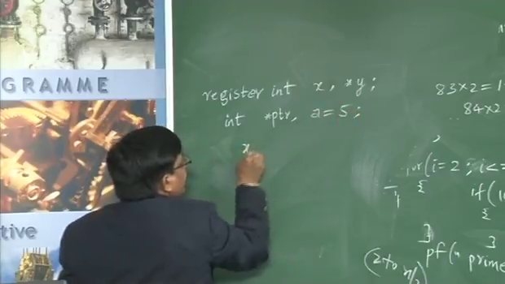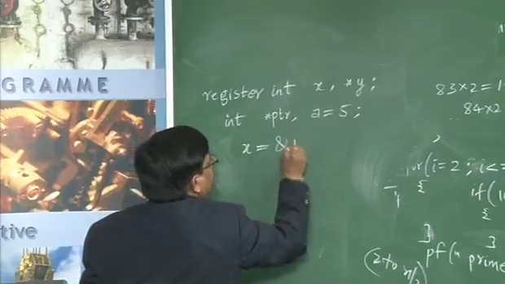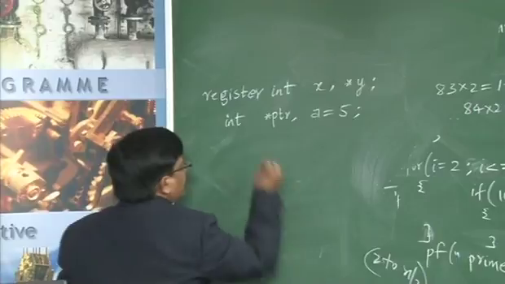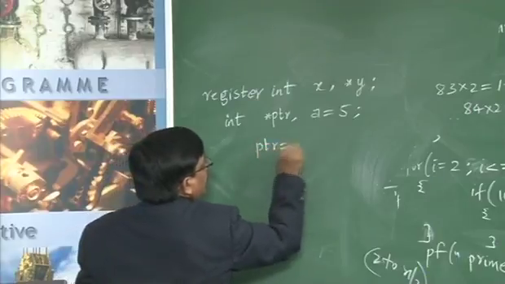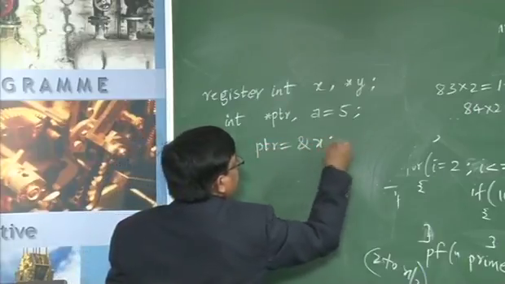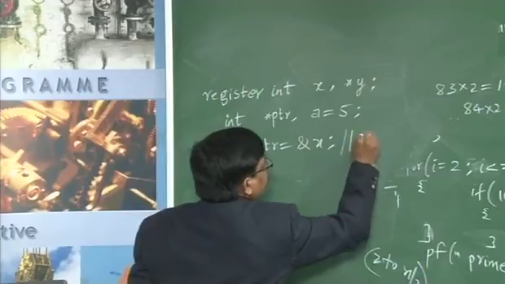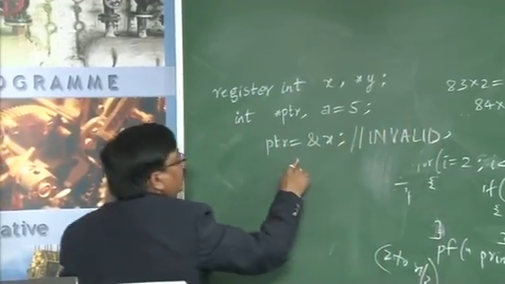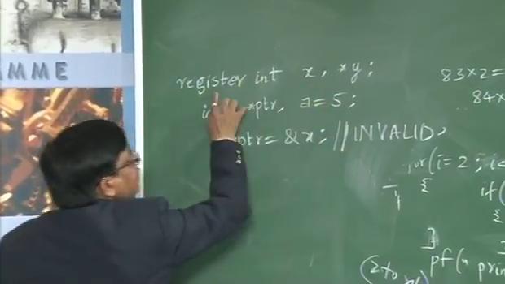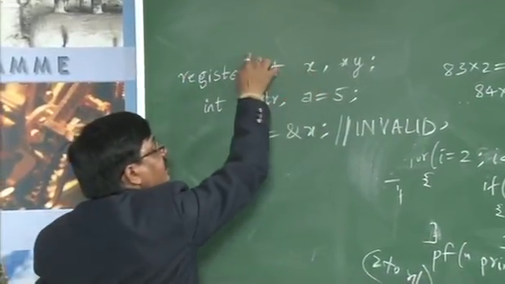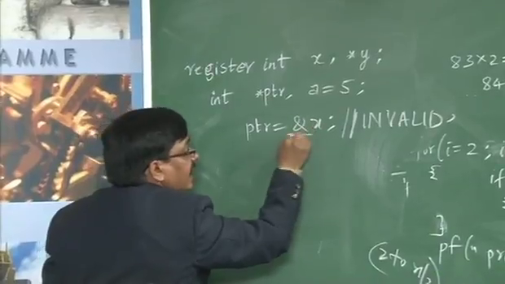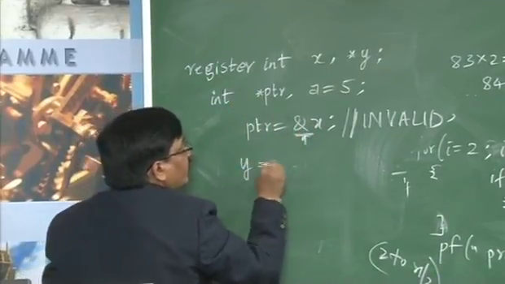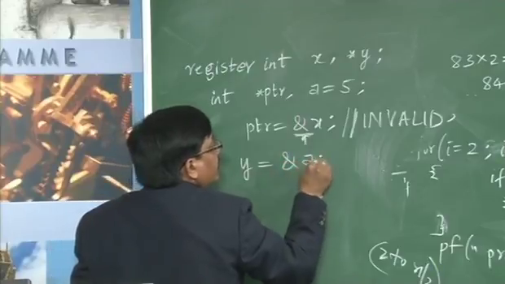Now, if I say ptr = &x, this is invalid, because x is declared as a register int. When it is stored in the register, it will not have an address. I cannot access the address of that variable. Whereas I can say y = &a, so this is valid.